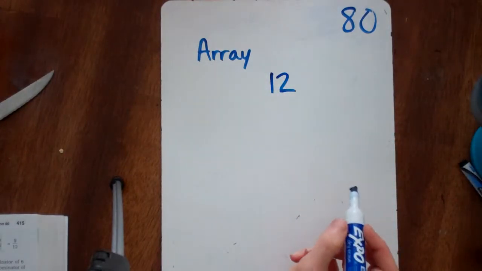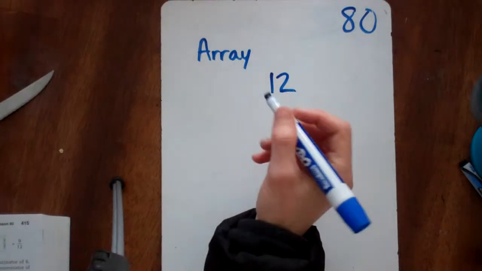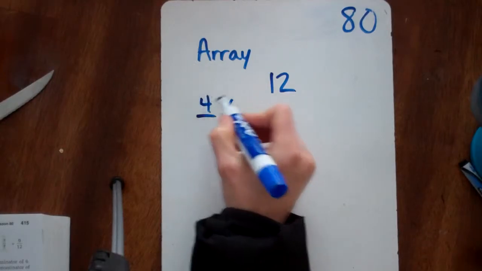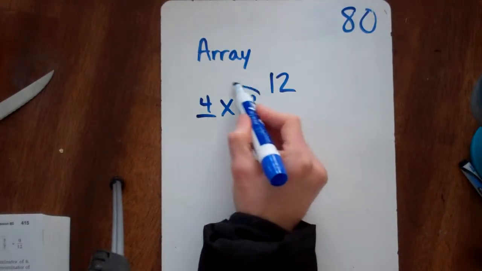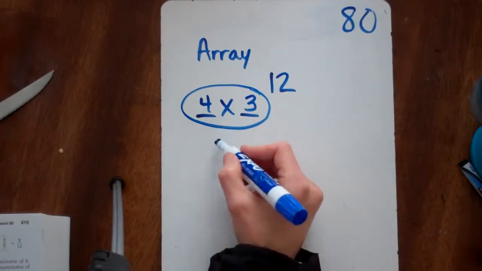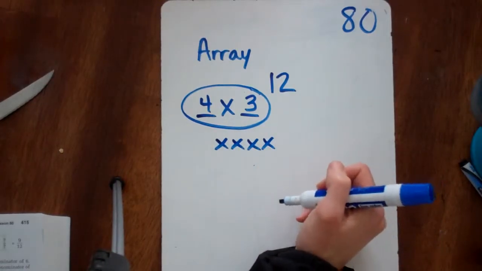Okay, for the number 12. And so I'm going to ask myself, what times what equals 12? Okay, I thought of 4 times 3 instantly. So if I'm going to make an array of this right here, 4 times 3, this is what it would look like.